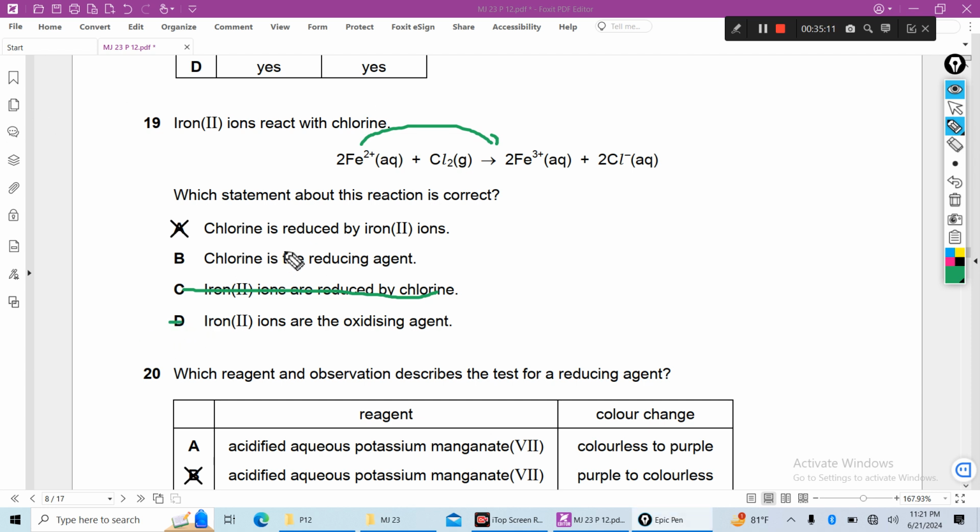These iron 2 ions are oxidizing agent. No, iron 2 ions are reducing agent, because iron 2 ion reduces chlorine to chloride ion. So iron 2 ion is not an oxidizing agent, iron 2 ion is a reducing agent. B, C, D are wrong answers. A is the correct answer.